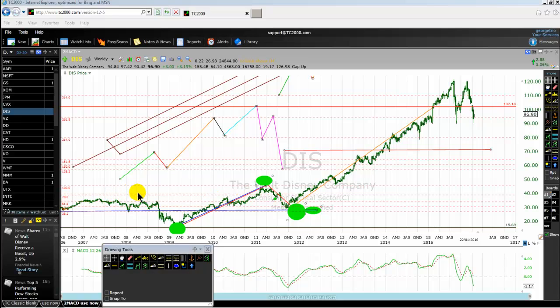The motive wave is formed of the first wave, second wave, third wave, fourth wave, and the fifth wave. The motive wave is the trending phase of the Elliott wave cycle.